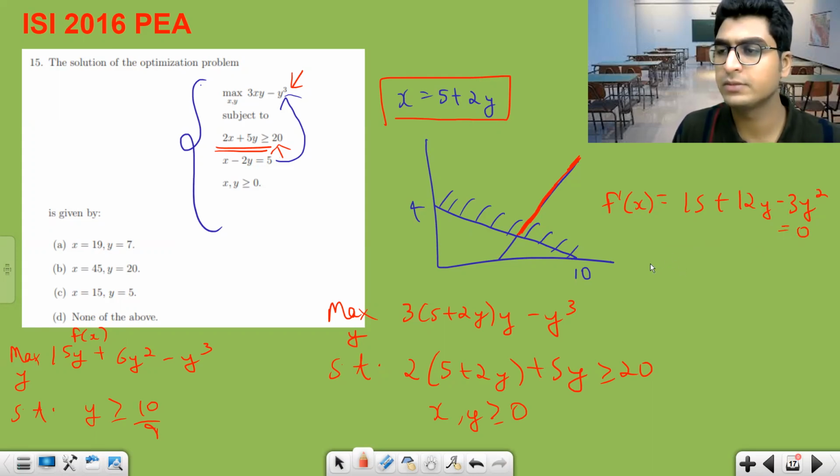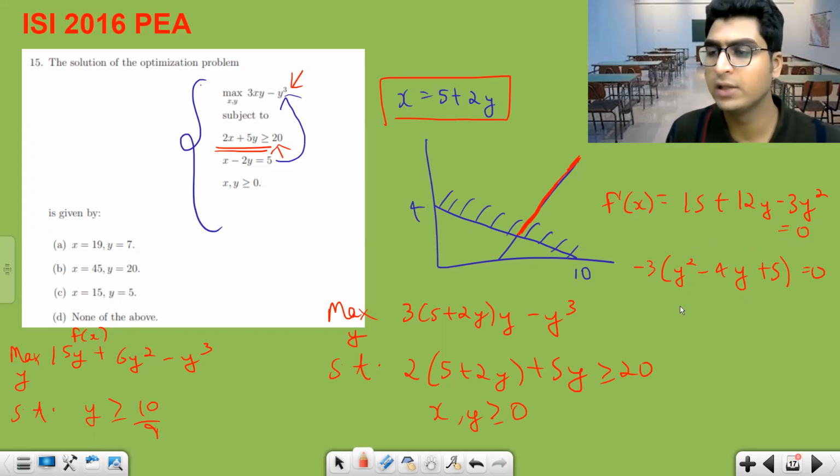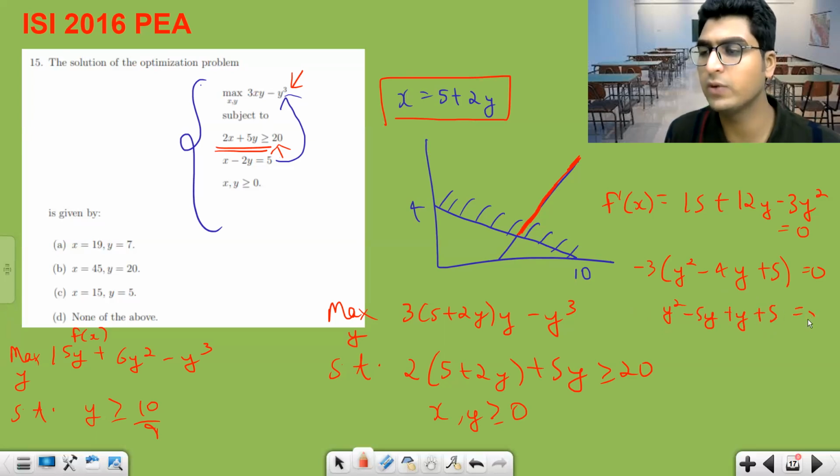So from here I can take minus 3 common. I will get y square minus 4y minus 5 equal to 0.